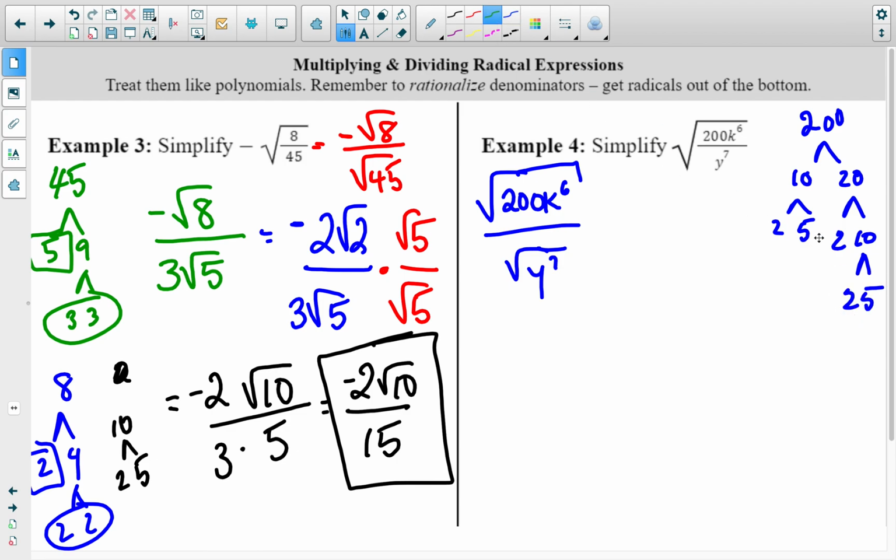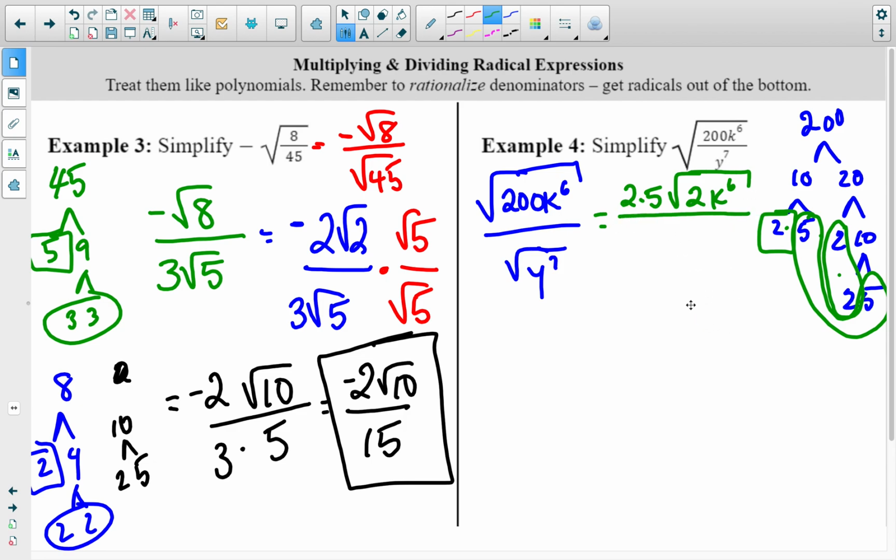So 2 times 5 times 2 times 2 times 5 is what multiplied together gives us 200. We can see we have two 2's here and two 5's here. So those can come out front as 2 times 5, and then this 2 is stuck inside the radical.